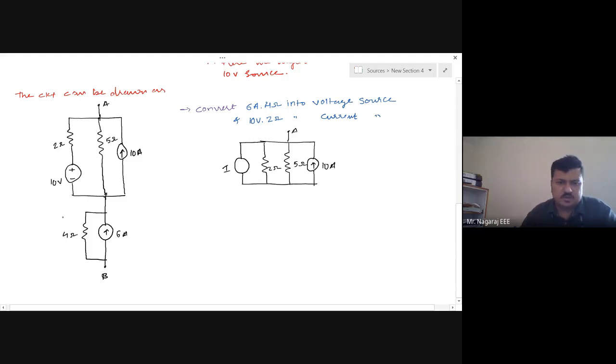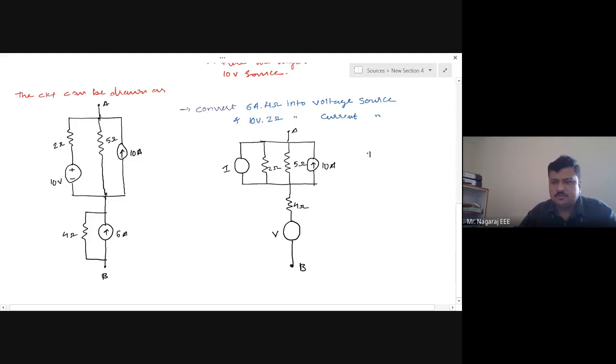Next, this lower current source 6 ampere 4 ohm is converted to a voltage source. So a resistor in series with a voltage source. This is B. Resistor is 4 ohm. It won't change. Now, let me call it V.